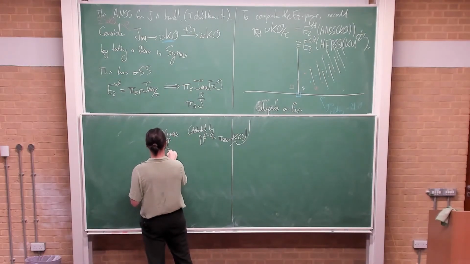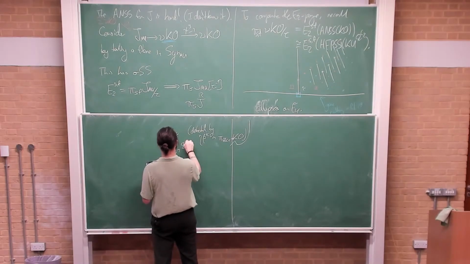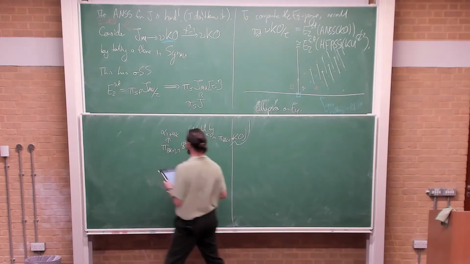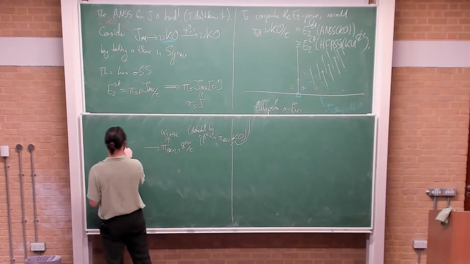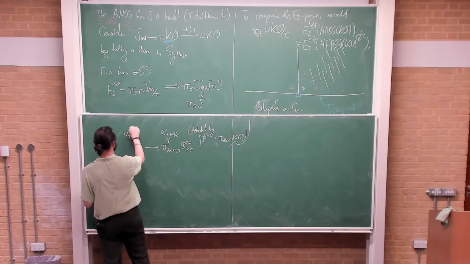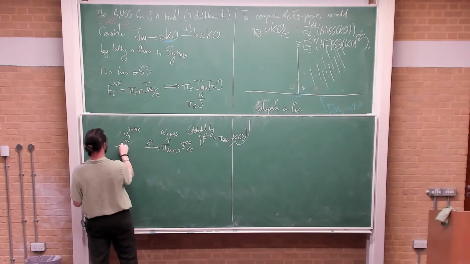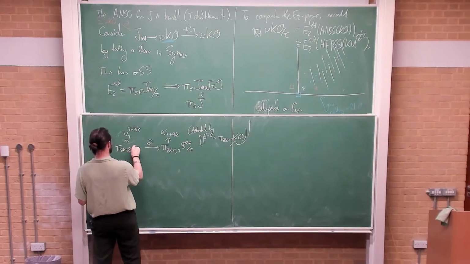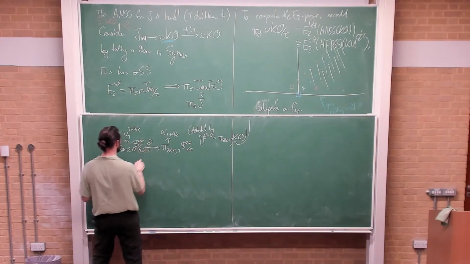Okay, so what do we do? Well, we can look at where these guys live in the E2 page of the Adams-Novikov spectral sequence for the sphere. Well, by definition, they are the image of a whole bunch of v1 families. So they're the image under the boundary map of v1^k plus 2 in degree 0 of synthetic sphere mod 2 tau, and I'm also killing 2.